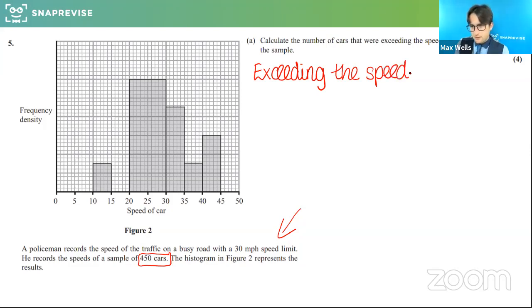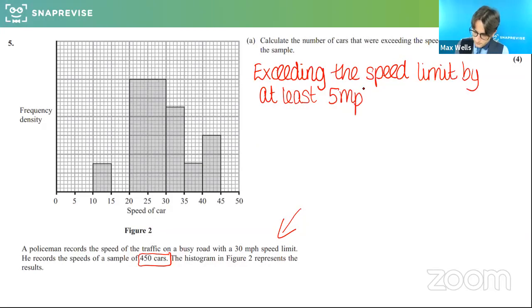Okay, yeah. Speed limit by at least 5 miles per hour. Okay, so that's what the question says. Sorry that my face is a bit blocking that one.